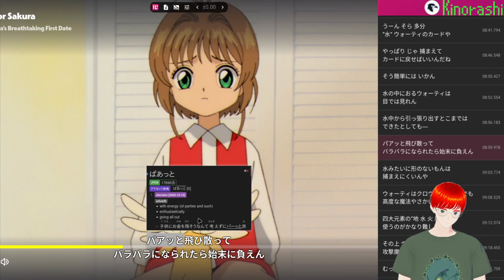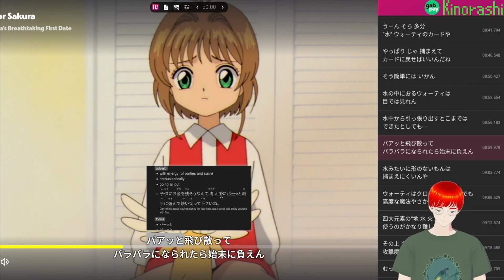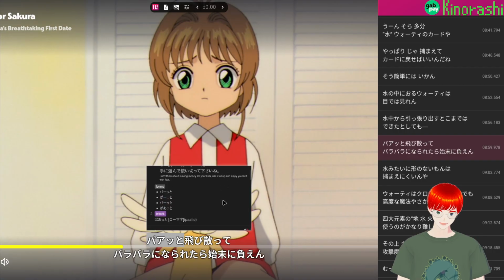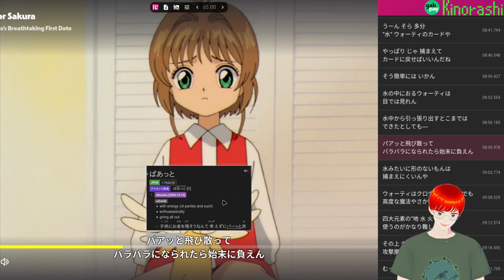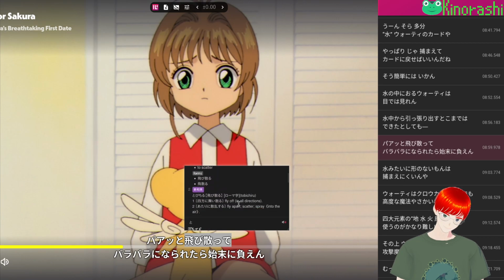Pato, with energy, enthusiastically, going all out. Adverb pato, pato, and then tobi chiru, to fly around.